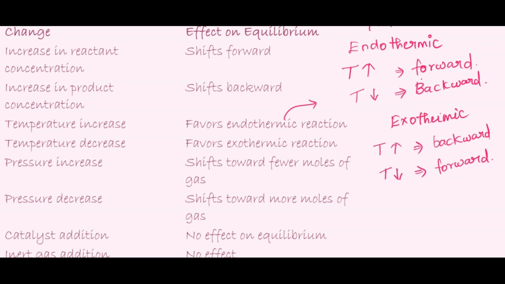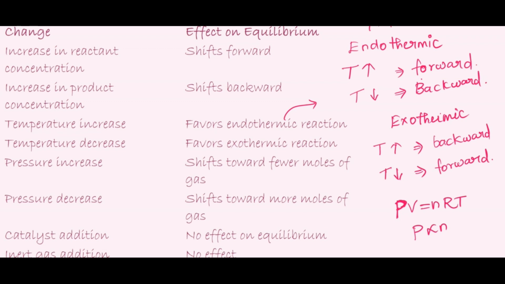What if I am increasing the pressure? We know the general formula PV is equal to nRT. Right? How pressure is related to moles? It is directly proportional. Right? What if I am increasing the pressure in the reaction container? What will happen?